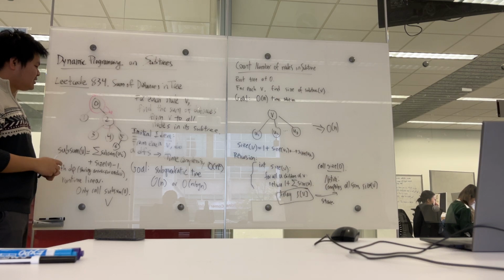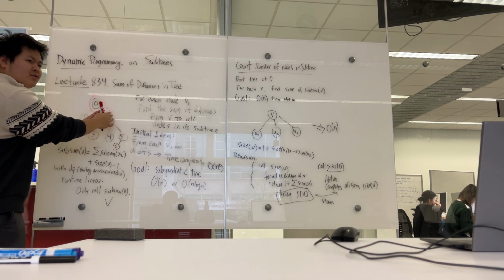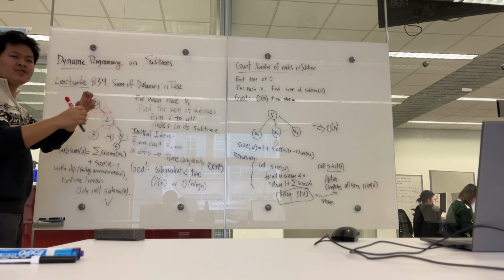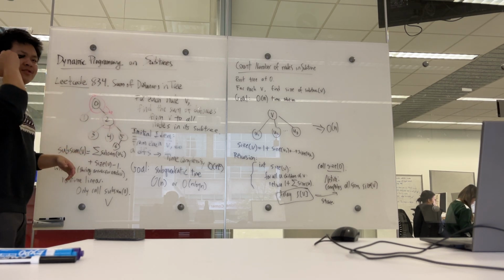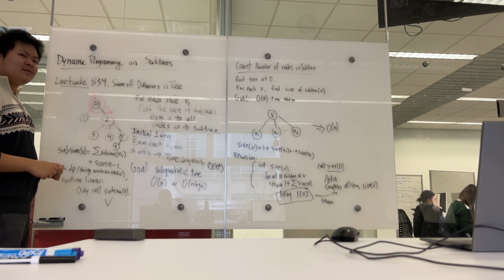Okay, so what does that say about all the nodes in the subtree of 2? How does their contribution to the sum change when I move from 0 to 2? All of their sums decrease by 1. Yeah.